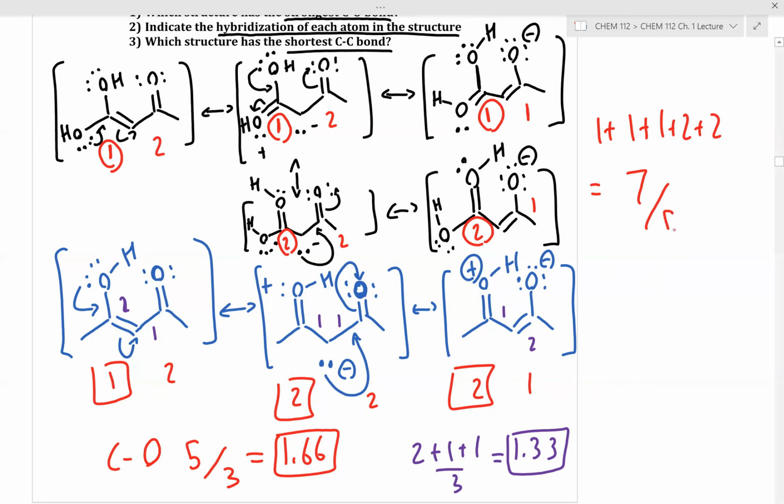So 7/5, that's approximately about 1.2. So if we compare, looking at our carbon-oxygen bond, in which structure do we have the stronger carbon-oxygen bond? The structure with the highest carbon-oxygen bond order. Second one, right? Does that logic make sense? Does this analysis make sense?